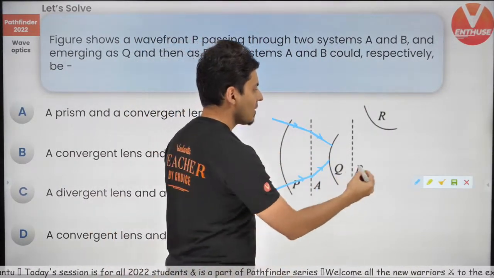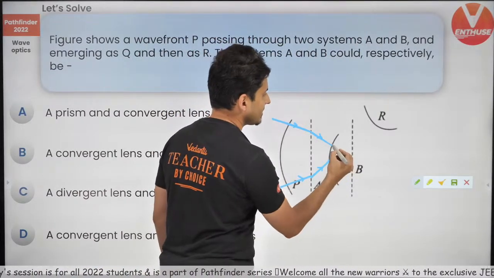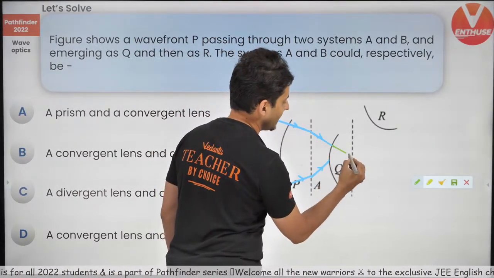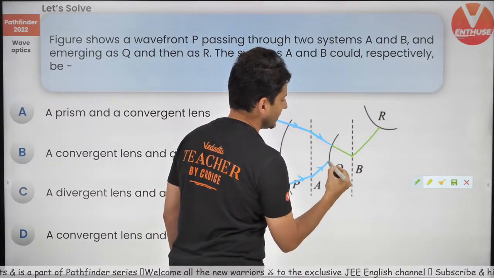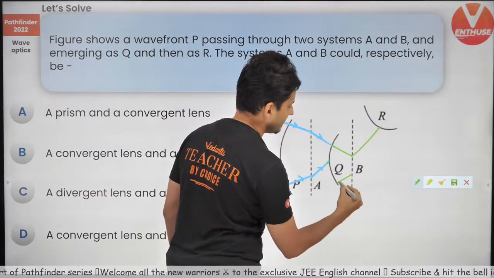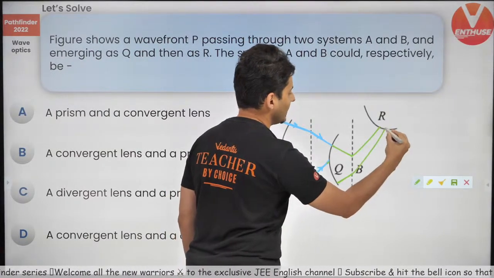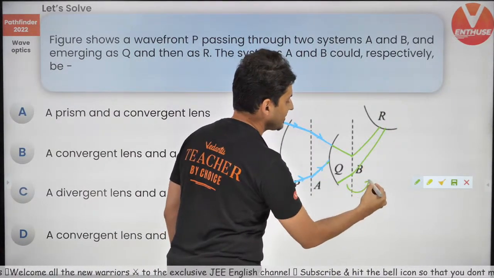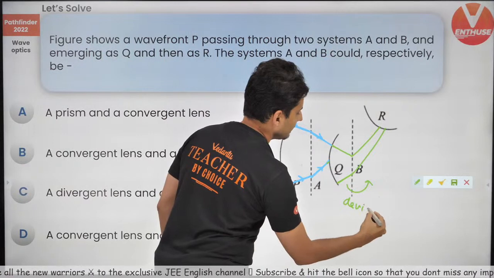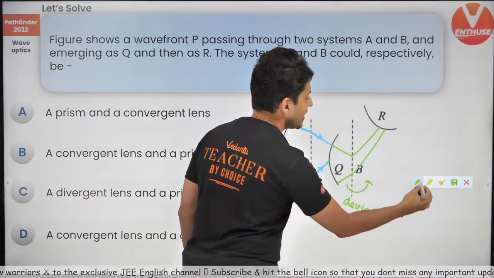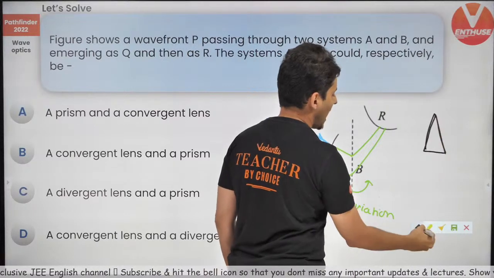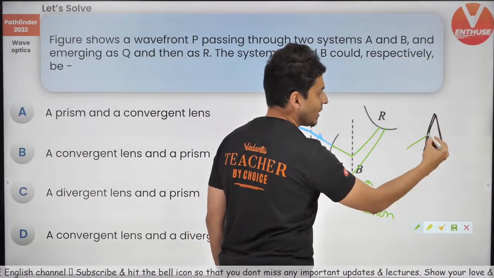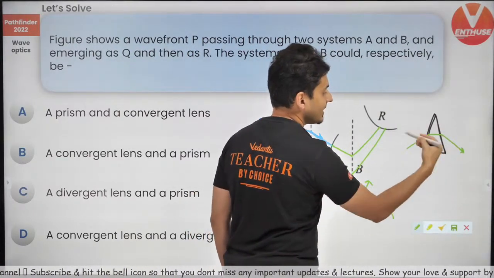After this, what is happening? See these rays, they get diverted here. If there was a ray here, it gets diverted. So when will this deviation happen? We all know this happens in the case of a prism. When you pass light through a prism, the light bends, it deviates.